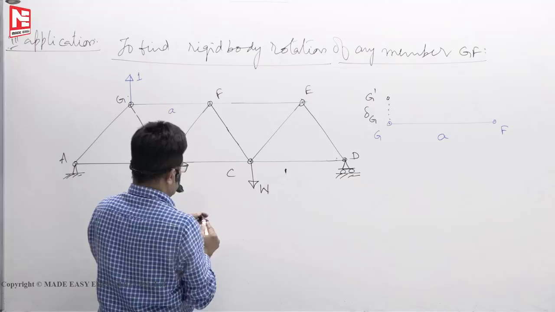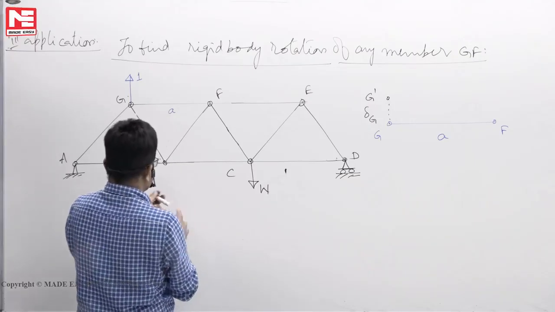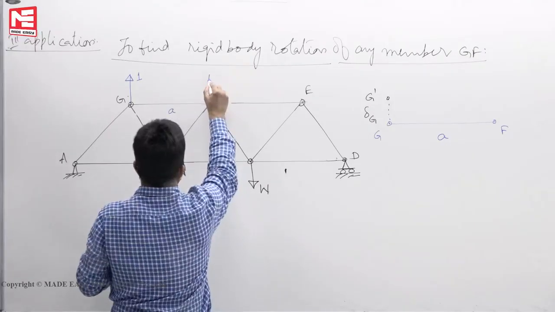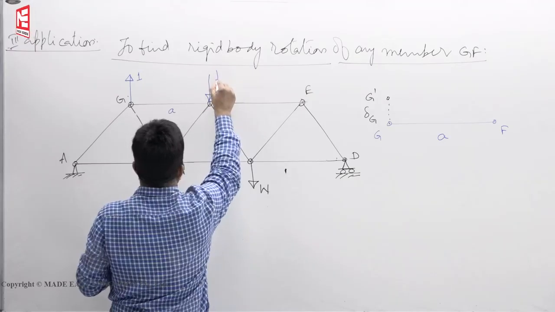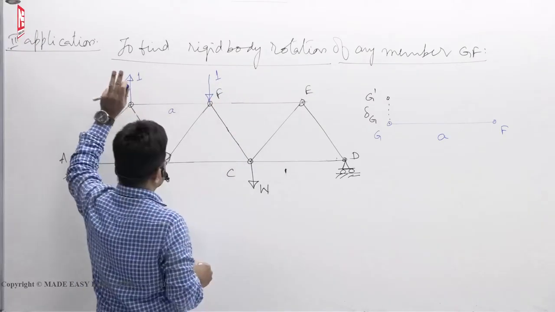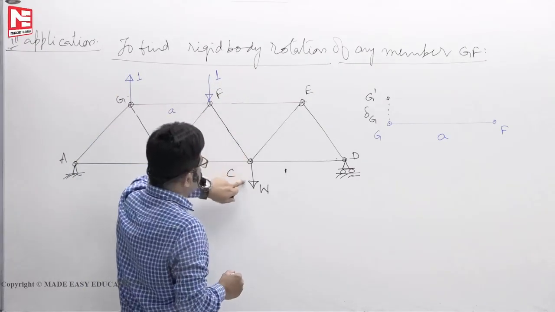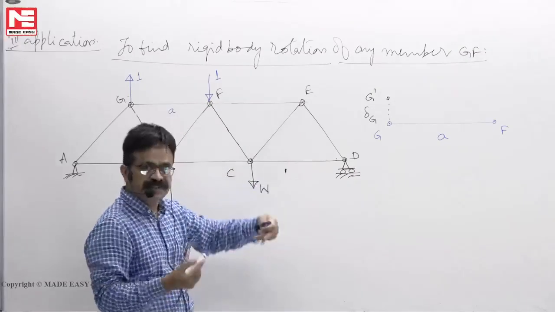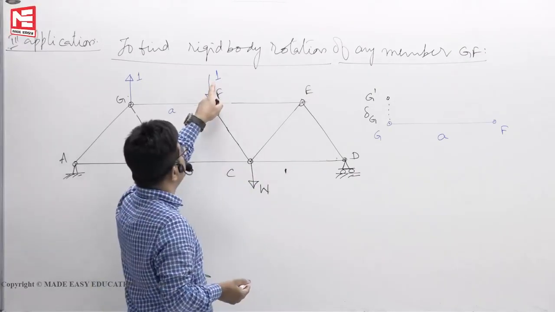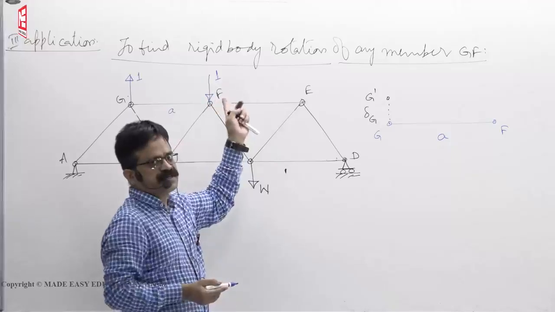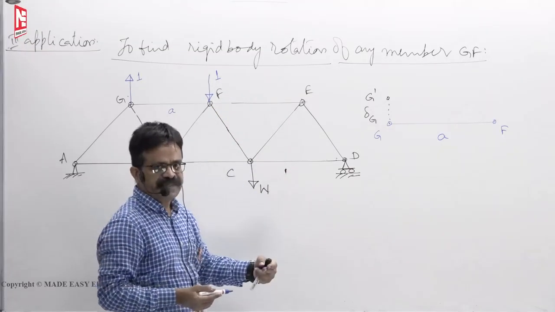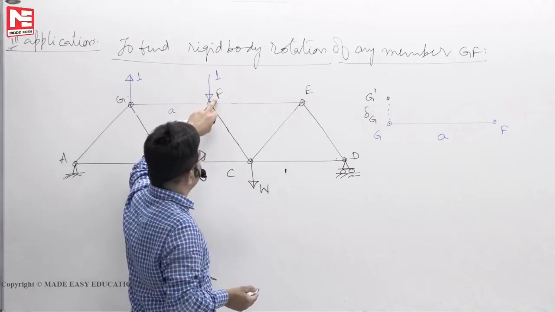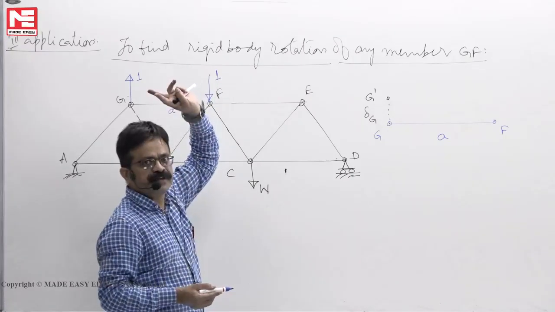I want to find the displacement of F in the downward direction. Apply unit load. Due to W, find the P values. Next, a fresh problem started. Due to 1, find the K values, the forces in all members. So PKL by AE gives the displacement of F in the direction of the unit load.